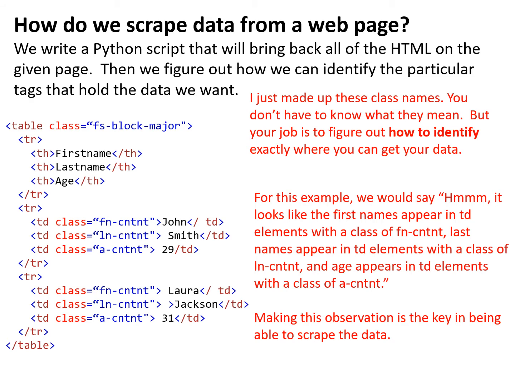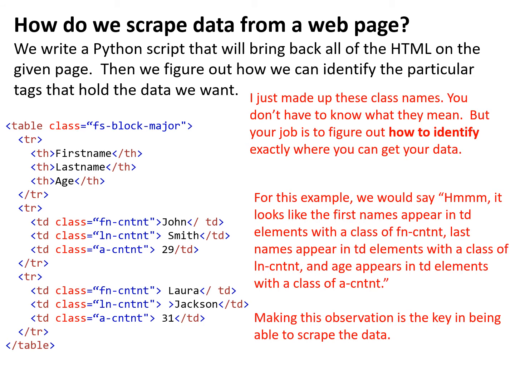You're kind of being a detective. When you find a web page and you want to scrape data from that, you look within the HTML and you say, what's the pattern here? Where is this data that I'm trying to get at?